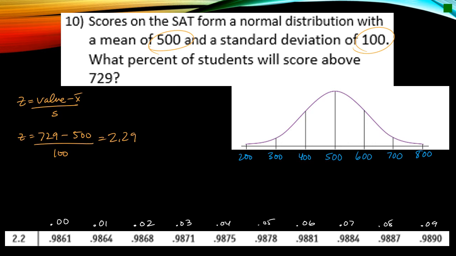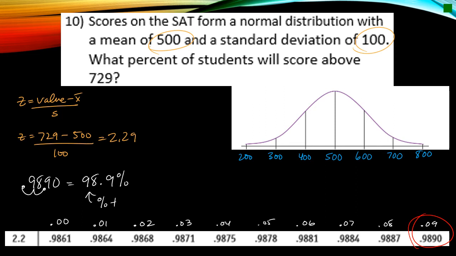So this number right here would be our 2.29 z-score. So the percent is 98.9%. But again, if you look at it, right now it's a decimal, 0.9890, but we're going to move the decimal point over twice. So it actually is 98.9%. But remember, that is the percent of students who score less than 729.